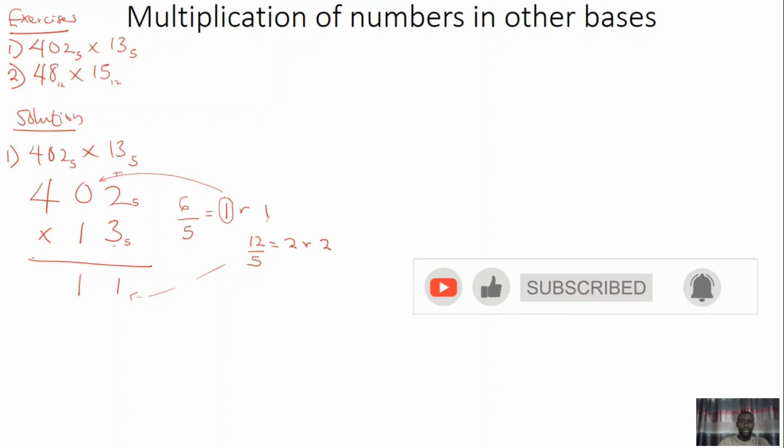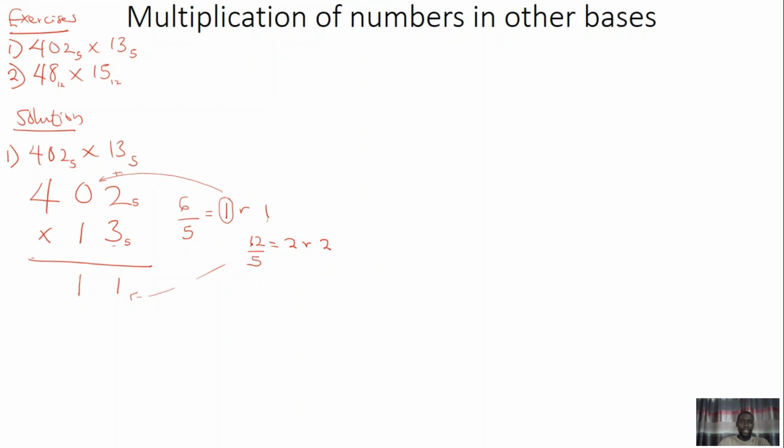The reason why it is 2 remainder 2 is this: 12 divided by 5 is 2, times 5 is 10, so the remainder is 12 minus 10, which is 2. Now what we're going to write down here is the remainder, which is 2.